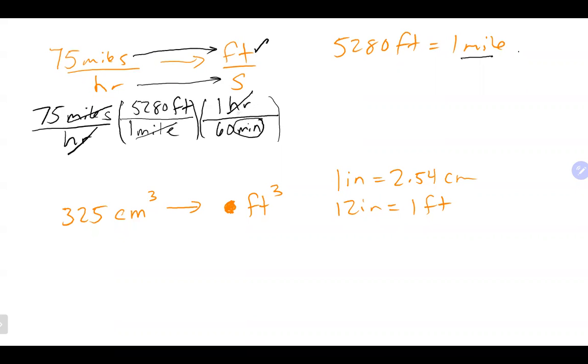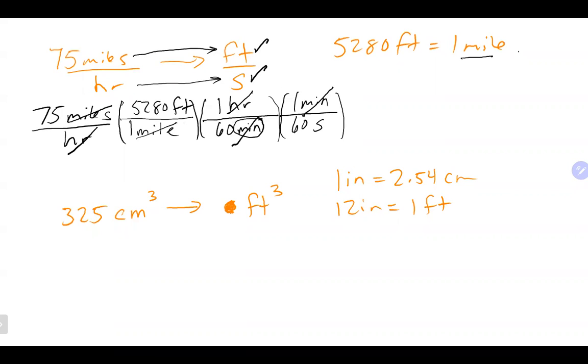They're still on the bottom, which means to get rid of them, I got to put minutes up on top. And we know that in 1 minute, there are 60 seconds. The minutes will then cancel. The units that we're left with are feet up on top, seconds on the bottom, which is what we are aiming for here. Question on that there?